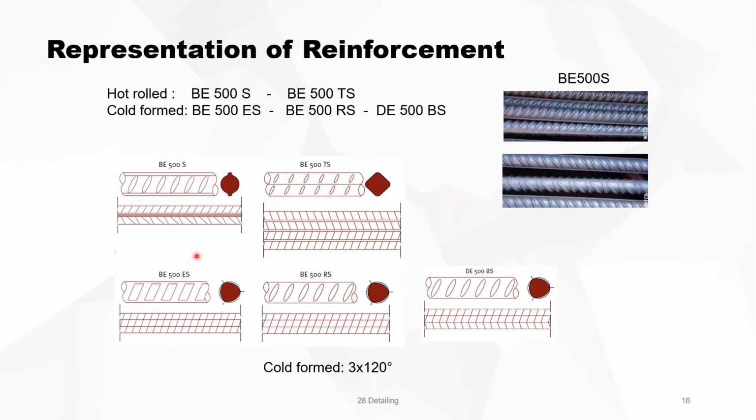You have the BE500ES, the cold formed, you can see because it's 3 times 120 degrees, so that's the best thing to recognize your steel between hot rolled and cold rolled. The cold formed is always 3 times 120 degrees, and on the marking on the rebar you can see what type of rebar it is.